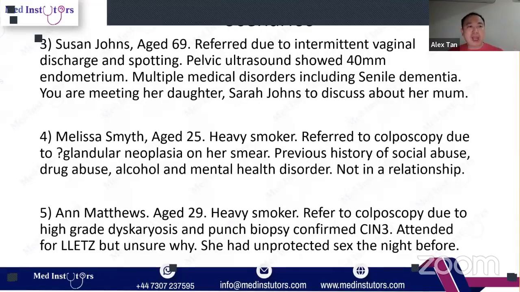The way we are trained in the UK is that it's either normal, low grade, which is mild changes, or high grade. Simple as that, okay? Normal, low grade, or high grade changes.